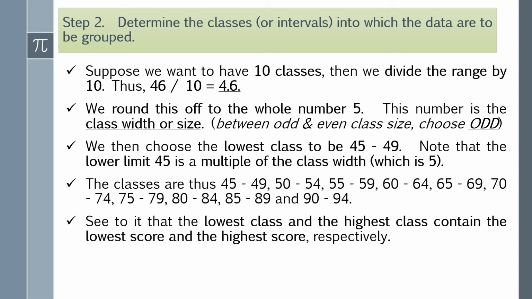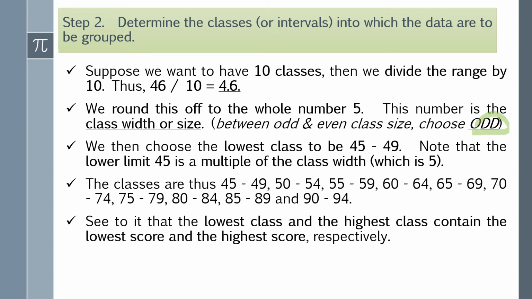So between odd numbers and even numbers, ano example natin ng odd numbers? We have your 1, your 3, your 5, your 7, at yung mga numbers na hindi natin pwedeng i-divide ng 2 kasi hindi whole number ang magiging answer. So, between your odd numbers and even numbers, it will still be best to choose your odd number.